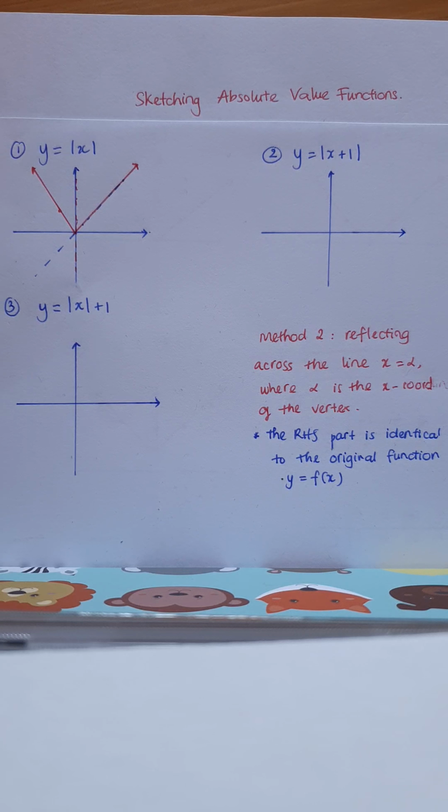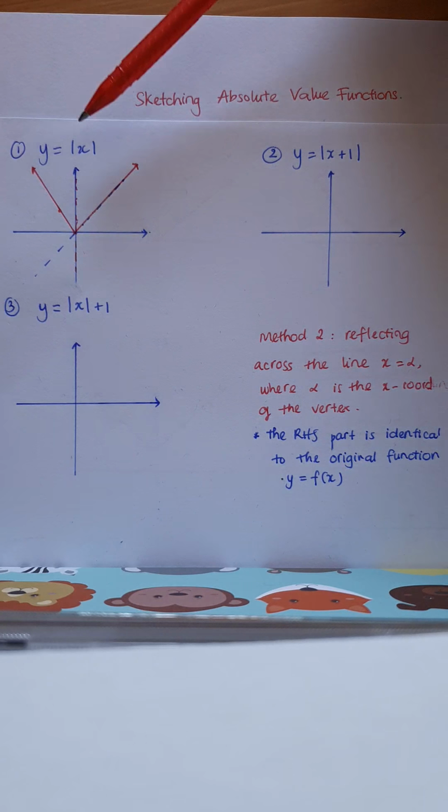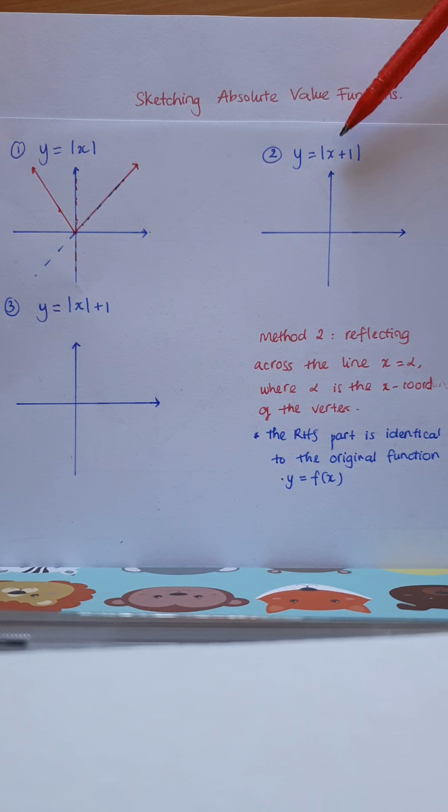Then we sketch the linear functions. Now keep in mind, if we remove those absolute value symbols, we have linear functions. So we will sketch these linear functions first, and we will keep our right hand side part of that linear function because it's identical, and then we will just reflect that part over our mirror line.